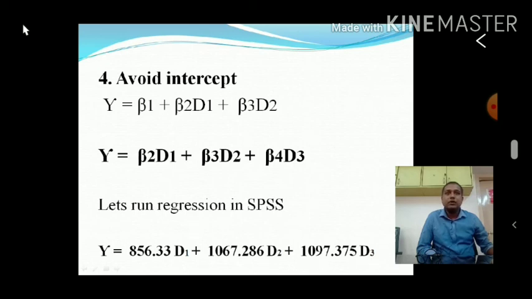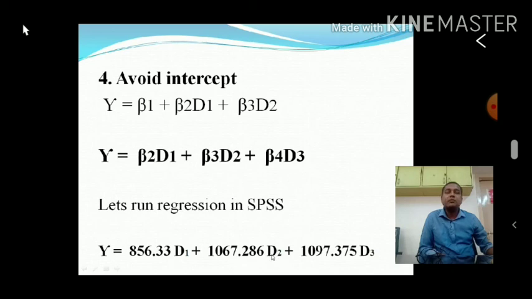Same result we got with the earlier regression function, beta 1 plus beta 2 D1 plus beta 3 D2. This result we got with this regression function y is equal to beta 2 D1 plus beta 3 D2 plus beta 4 D3, 3 dummy variables. So there is no intercept.